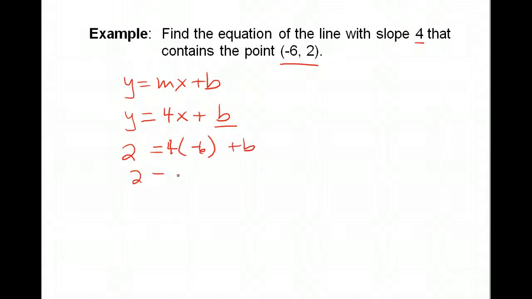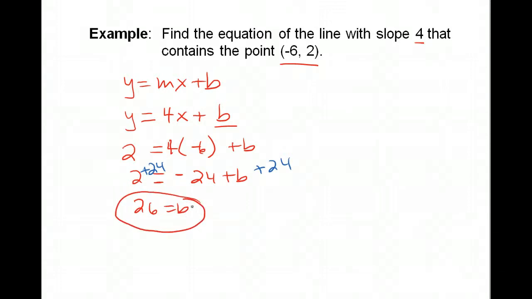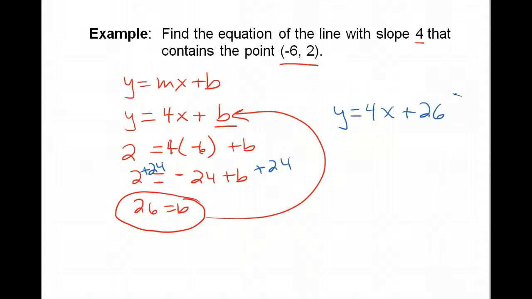I get 2 equals -24 plus b, and so to solve that, I'm simply going to add 24 to both sides, and I get 26 equals b. Alright, if b is 26, I just need to put that back up here, and I'll be done. The answer to my equation is y equals 4x plus 26.